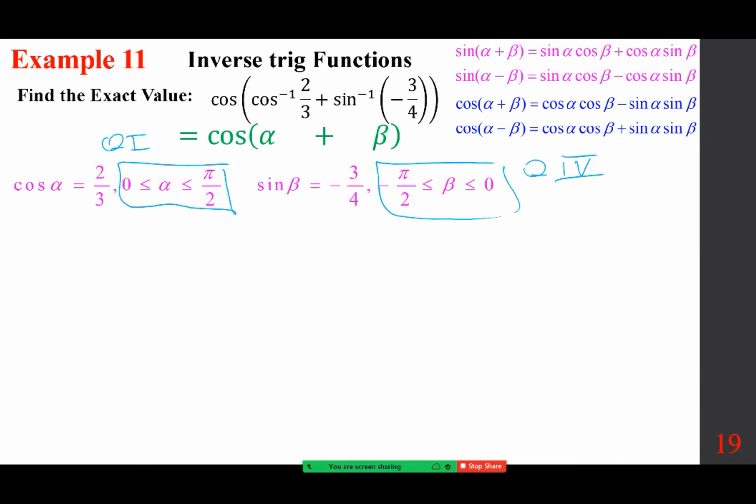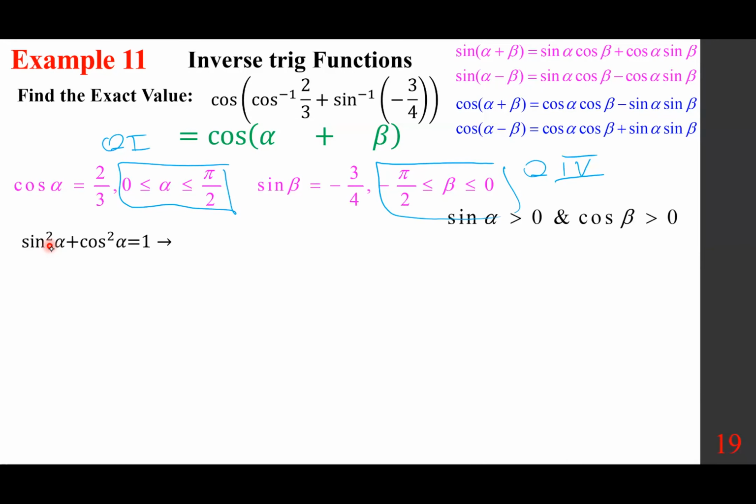All right. So from cosine, we are going to go to sine. Sine squared plus cosine squared equals 1.